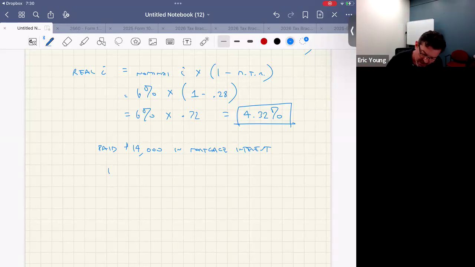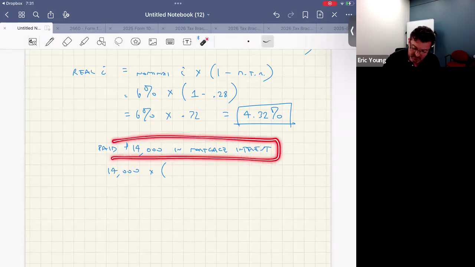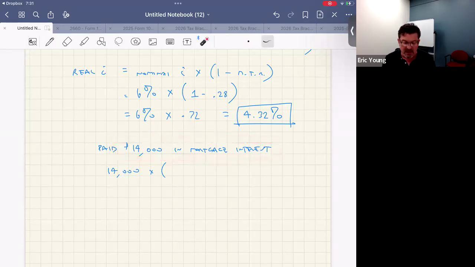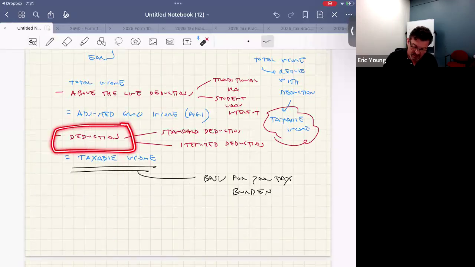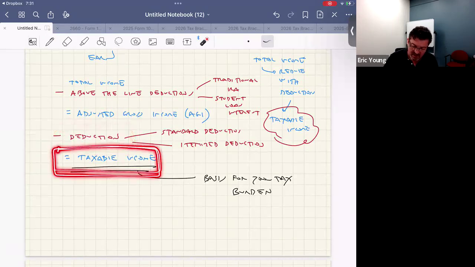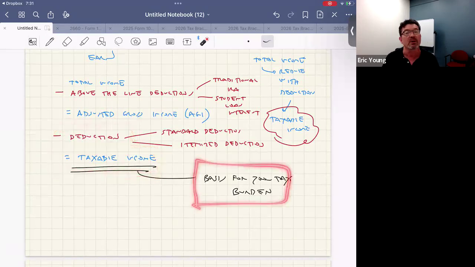Technically, you're paying $14,000, but because you're saving 28%, because again, that $14,000 in mortgage interest is an itemized deduction. So the mortgage interest is going to reduce your taxable income and thus reduce your tax burden.